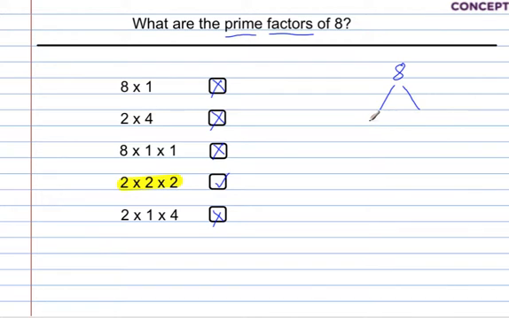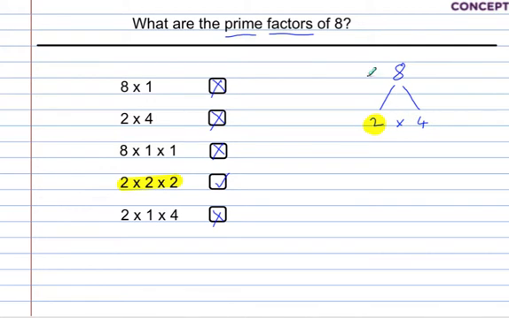So any other two numbers. Let's go with 2 and 4. Now we know that 2 multiplied by 4 is 8. So we've split 8 into two factors. Now you ask yourself, which of these factors, if any, are prime? Well, the number 2 is prime, so I'm going to highlight the number 2.